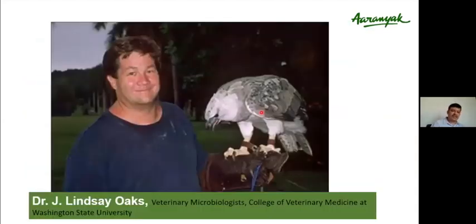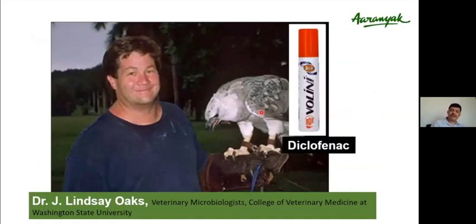But what caused the vultures to die? So this gentleman, Ock, who was a veterinary microbiologist working in the College of Veterinary Medicine at Washington State University, was working in Pakistan with a big group of scientists, and they finally revealed that a particular drug called diclofenac, which was introduced in the Indian market in the 80s, was the main killer of vultures.